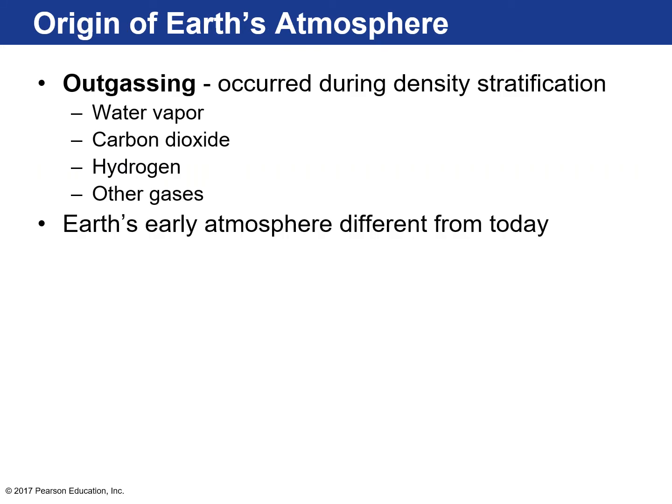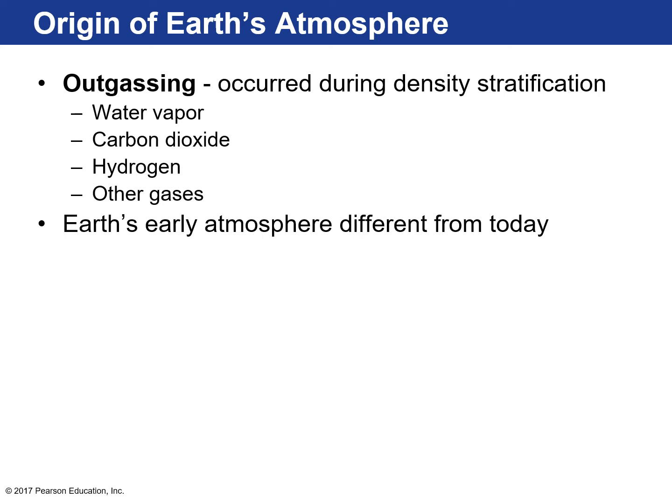All right, what's the origin of our atmosphere? Well, it formed through outgassing. That's a process where carbon dioxide, water vapor, hydrogen, sulfur dioxide, and other gases are expelled from fumaroles or volcanic vents, or hydrothermal activity at the bottom of the ocean.